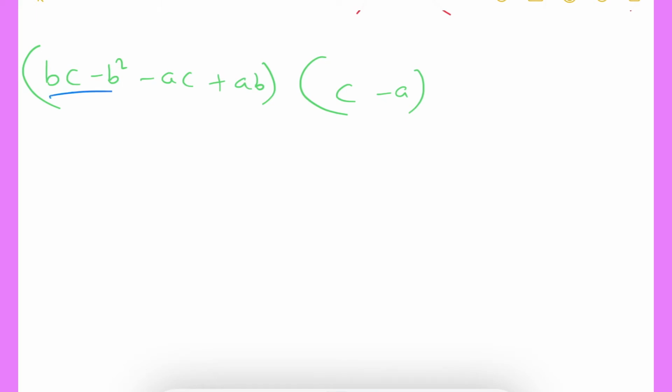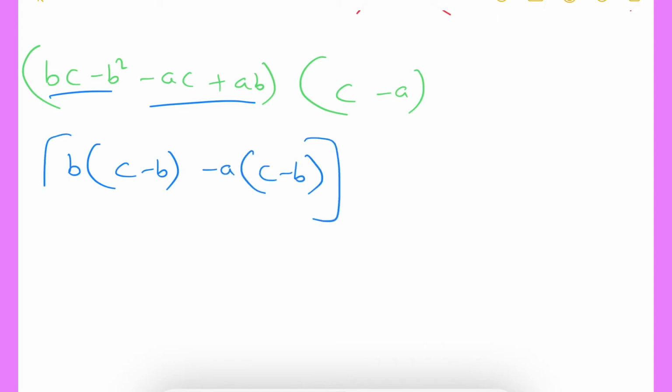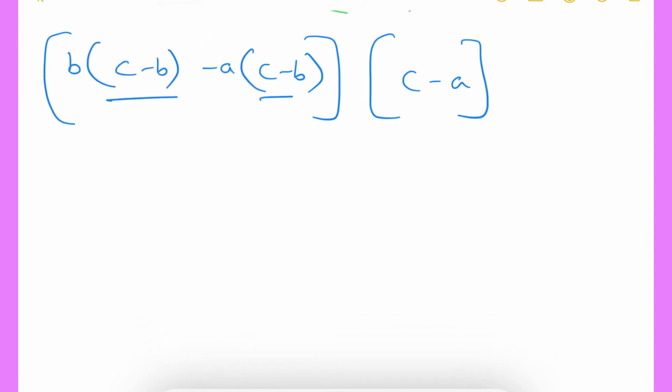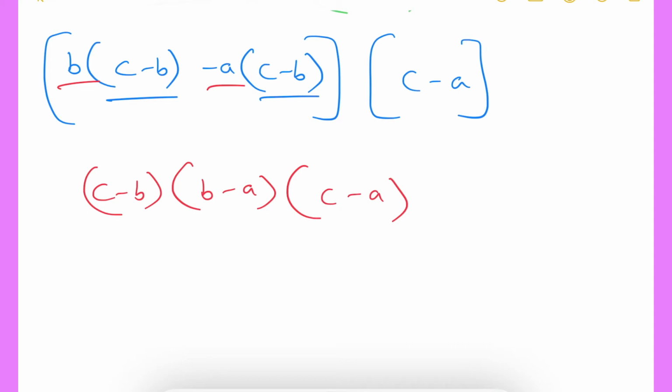From the first and second terms I will take out B common, then we remain with C minus B. Then from the third and fourth terms I will take out minus A common, then we remain with C minus B. Next one as it is, I am writing C minus A. Then here C minus B is there, here also C minus B is there, so write it once, C minus B, then remaining will be B minus A into C minus A.